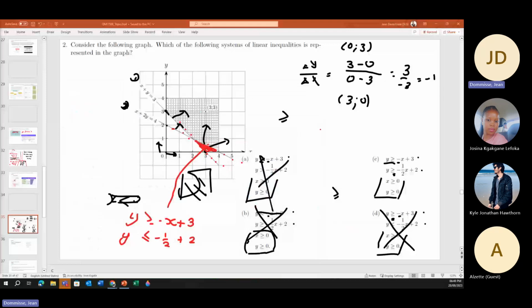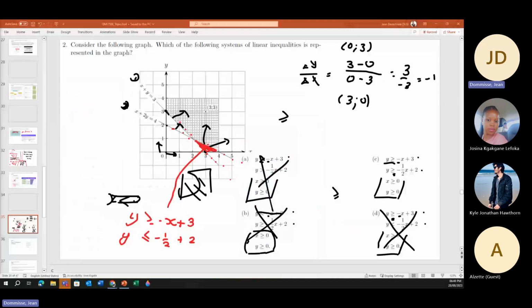So what they can also do is the inverse. They give you a few inequalities and say, here are 4 inequalities, here are 4 graphs, which one is the right one?